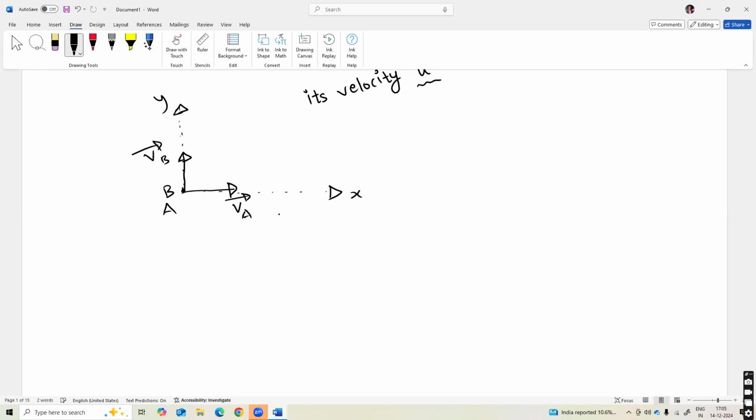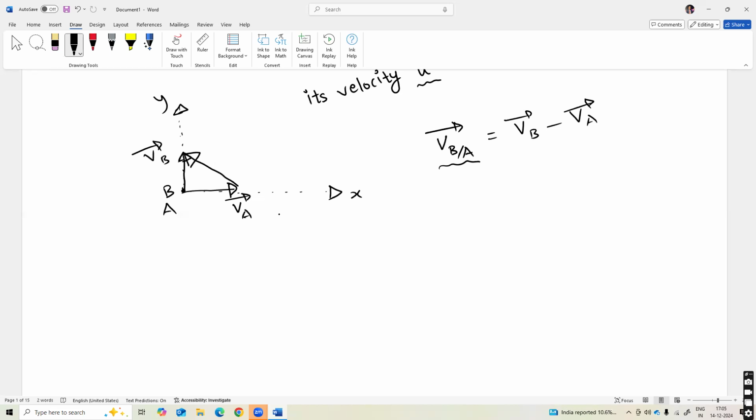If we have to find the relative velocity of B with respect to A, it can be denoted as vB/A. So the relative velocity of B with respect to A is given as vb, the velocity of B, minus va, the velocity of A.